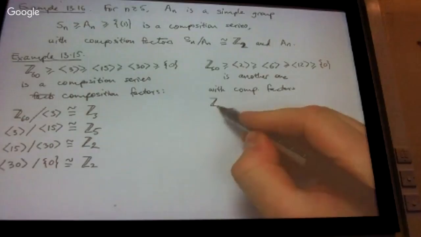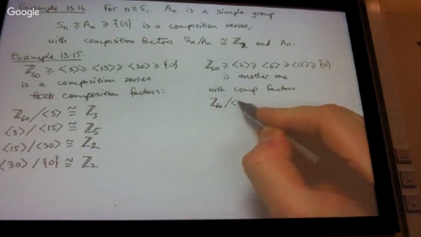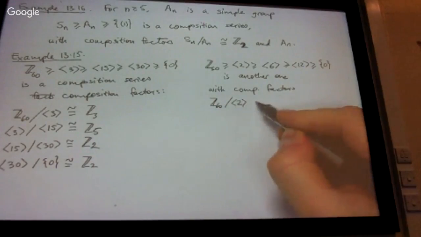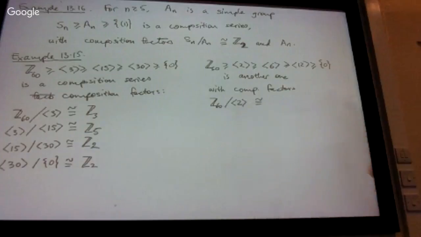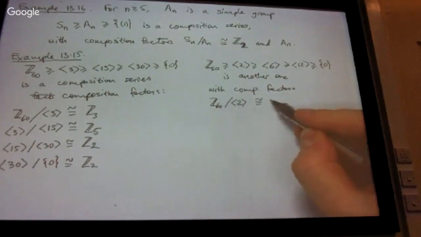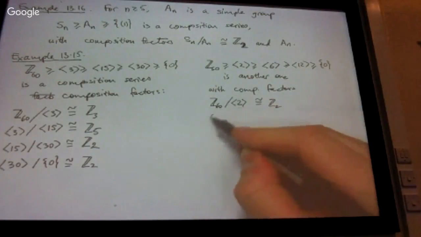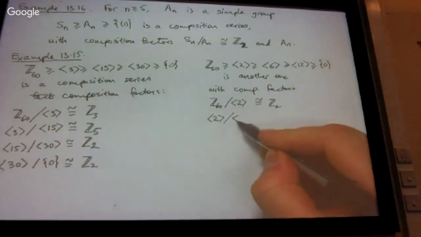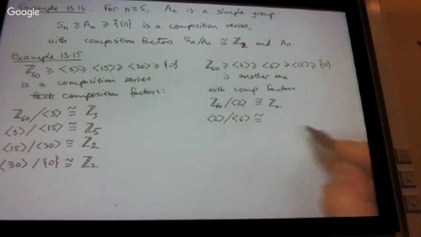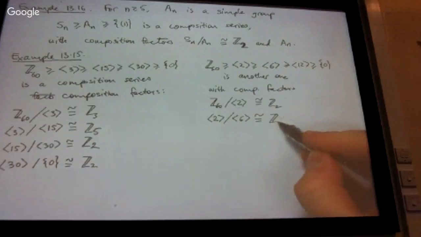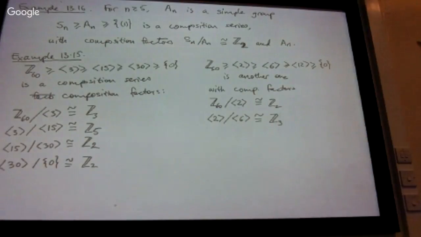Well, there are 30 different multiples of 2, so it has to be Z2. And if you take multiples of 2 over multiples of 6, yeah, it just goes like this.